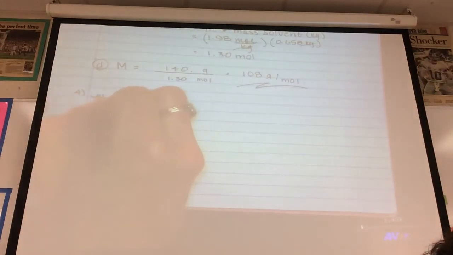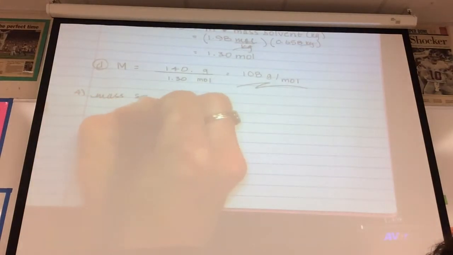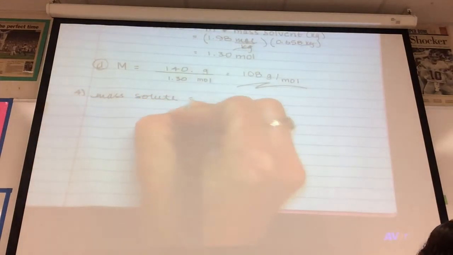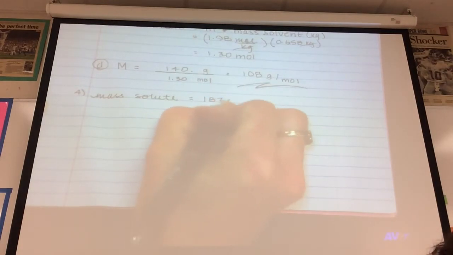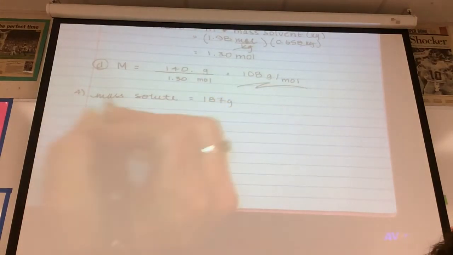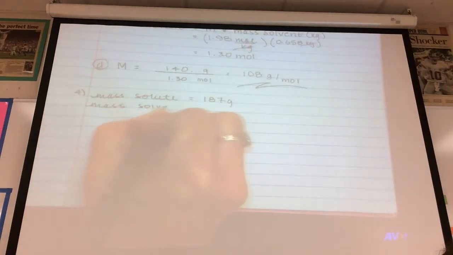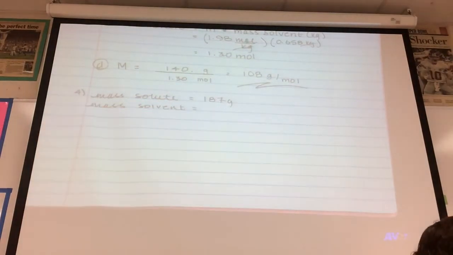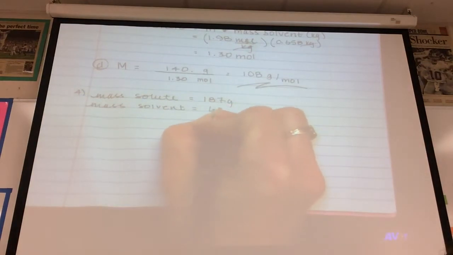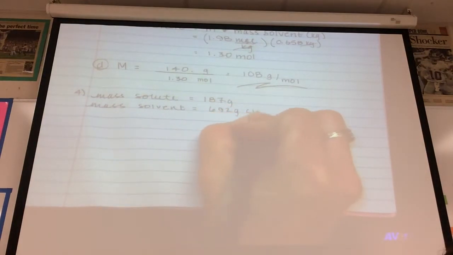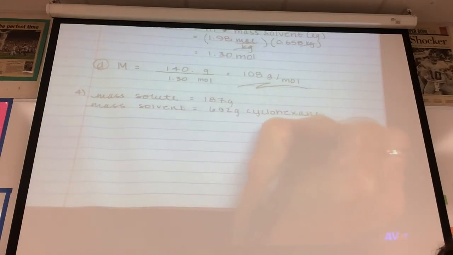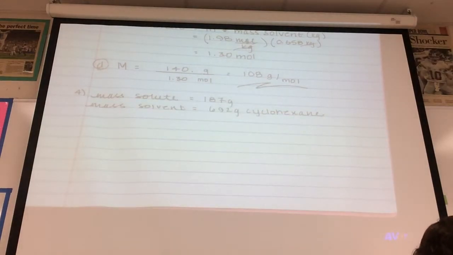The mass of the solute here is 187 grams. The mass of the solvent is 692 grams of cyclohexane. And again, you need to know what your solvent is to get its TB and KB.